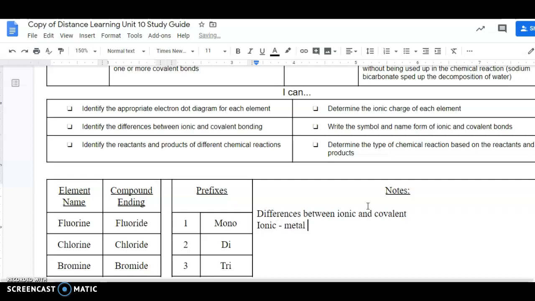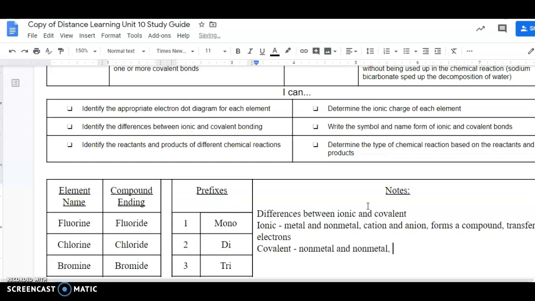Ionic, it's a metal and non-metal. It's a cation and anion. It forms a compound. They transfer the electrons instead of sharing. For covalent, it is a non-metal and non-metal.